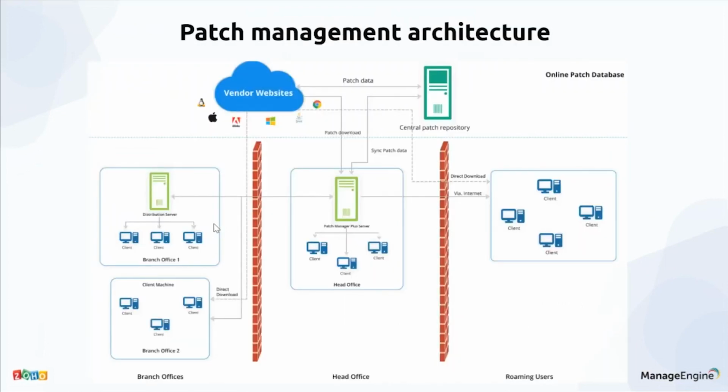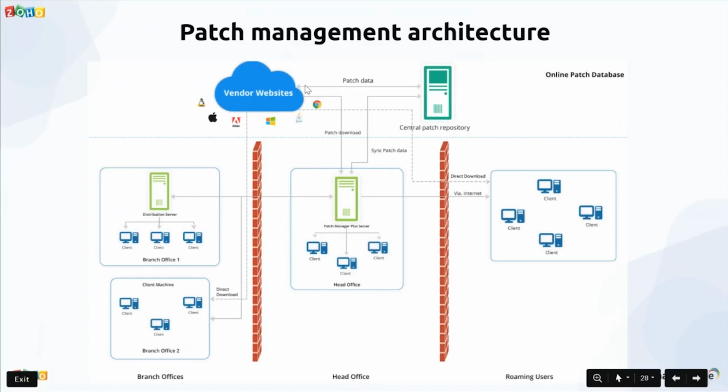Now let's quickly take a look at how the patch workflow is in Desktop Central. When a patch is released, it is available on the vendor website. Our patch crawler team repeatedly probes the internet to draw vulnerability and patch information from the vendor website.